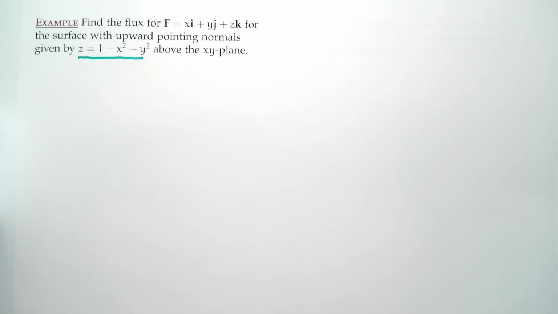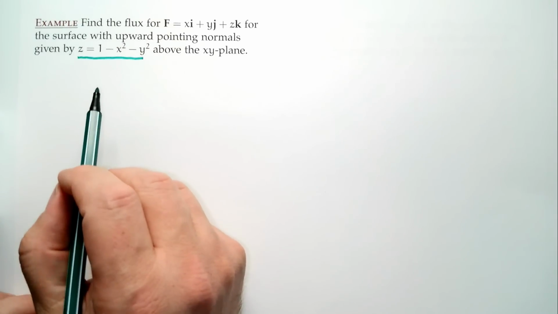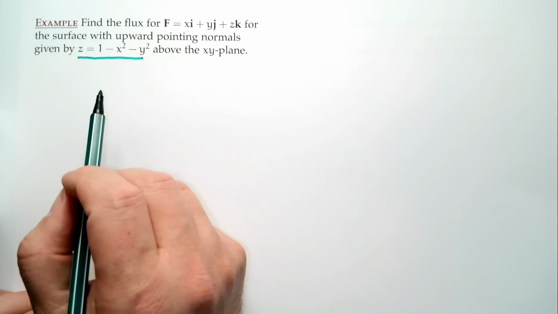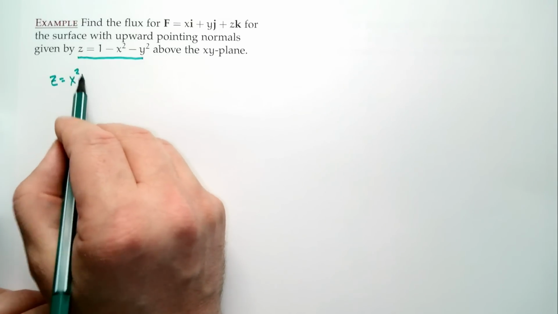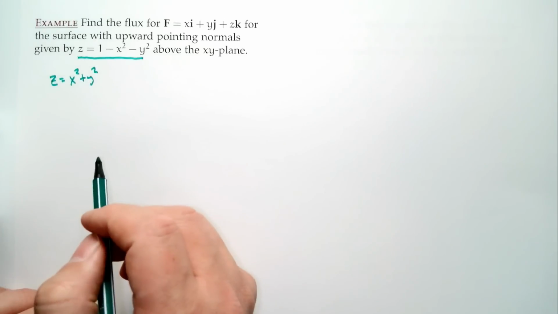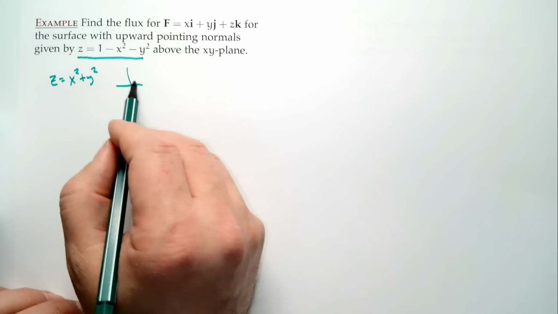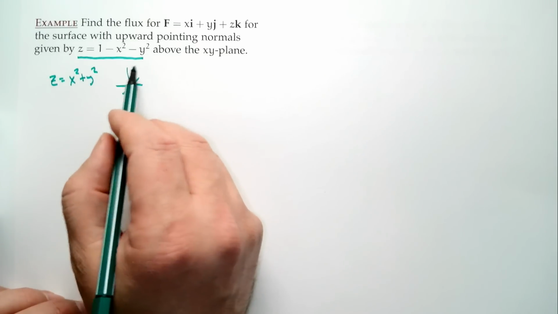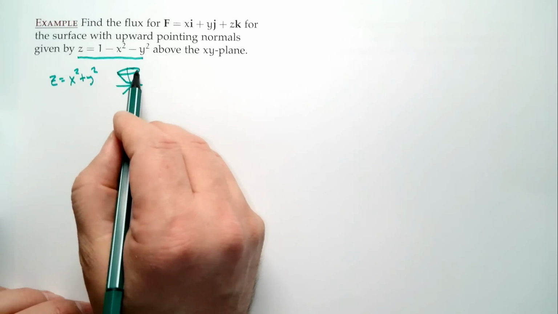It's not quite a sphere. If it was z squared equals 1 minus x squared minus y squared, that would be a sphere. What if we said the following? Suppose I just said z equals x squared plus y squared. Do we know what that looks like? Well, it's a paraboloid. Or, if you're not being very fancy, it's a bowl.